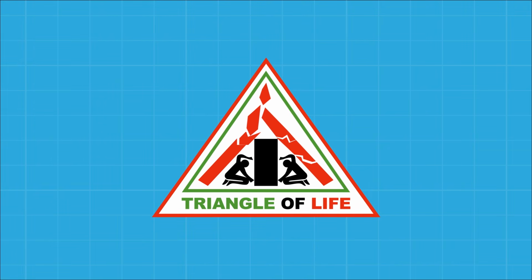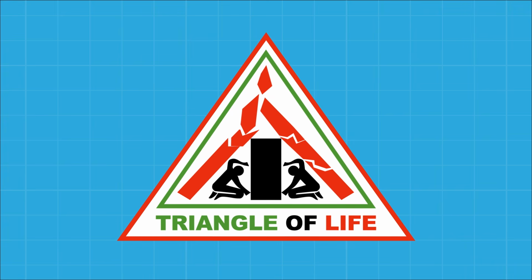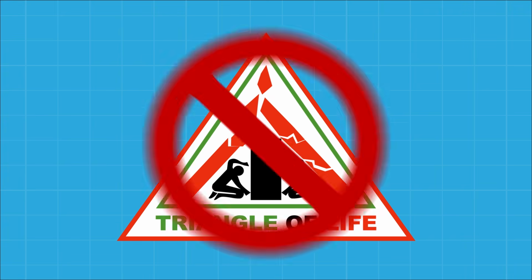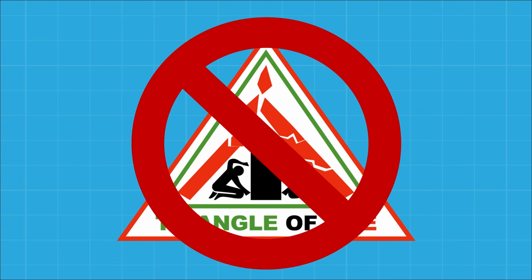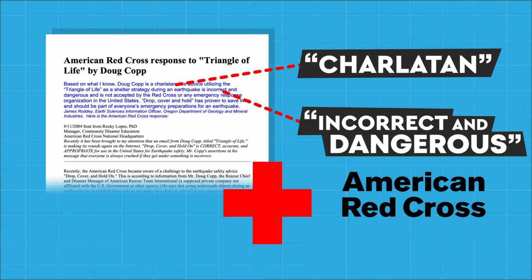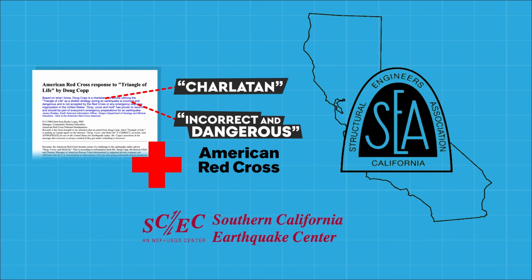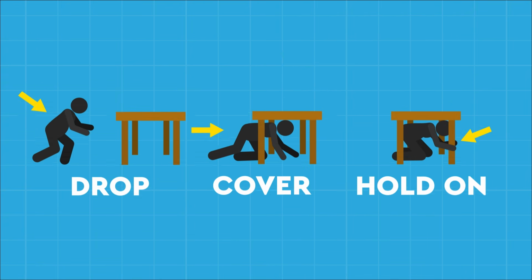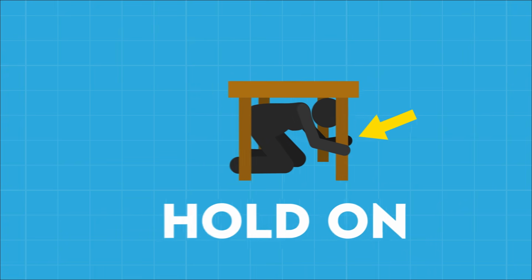For these reasons, Copp's Triangle of Life strategy has been roundly criticised and rejected by a number of organisations, such as the American Red Cross, the Southern California Earthquake Center, and the Structural Engineers Association of California, to name but a few. As a result, we here at Debunked advise you to take the drop, cover, and hold on for dear life approach to indoor earthquake survival.